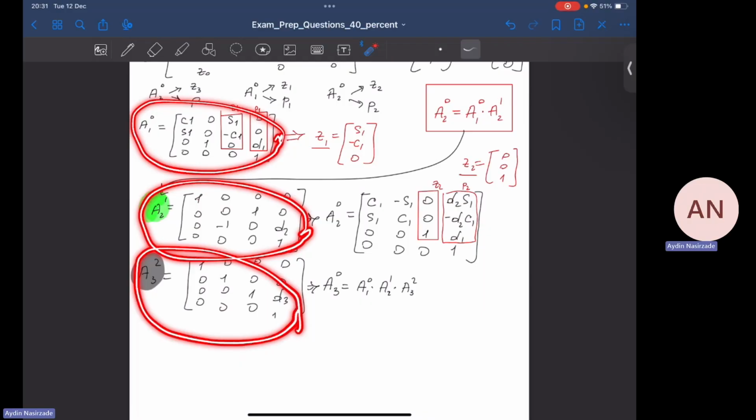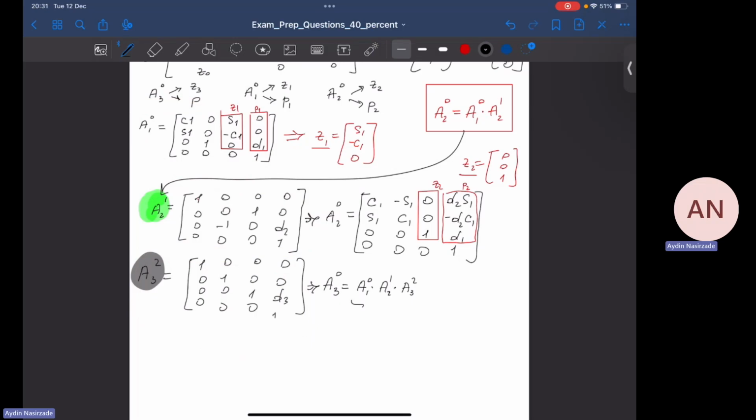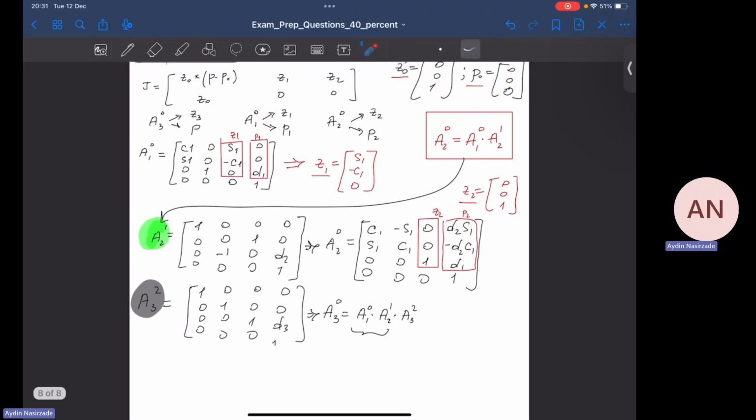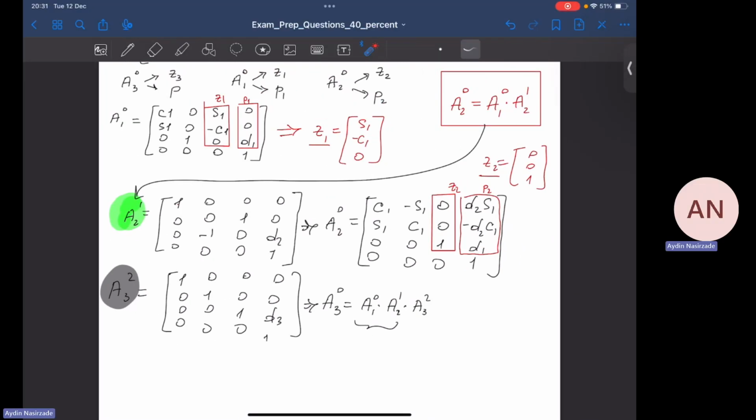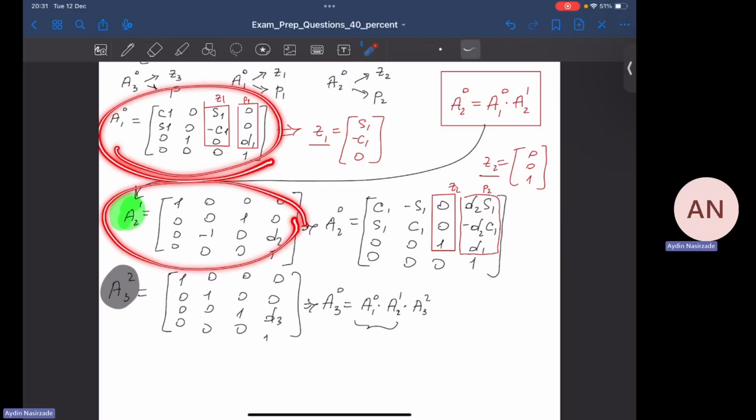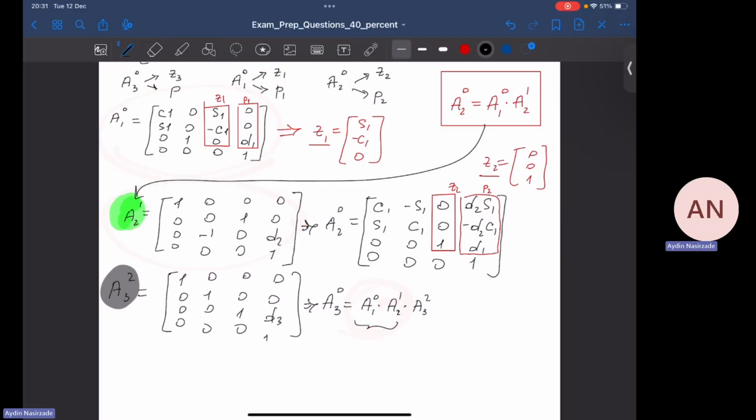I know this product because I used it here. Previously, to get the matrix A2 to 0, I multiplied this matrix by this matrix. The same thing, right?